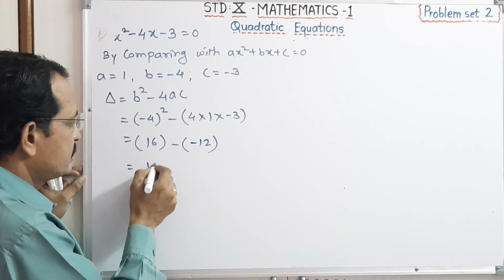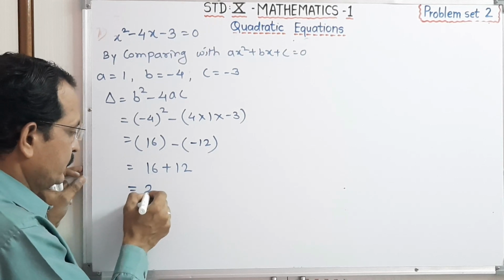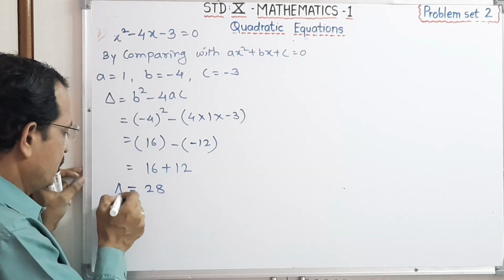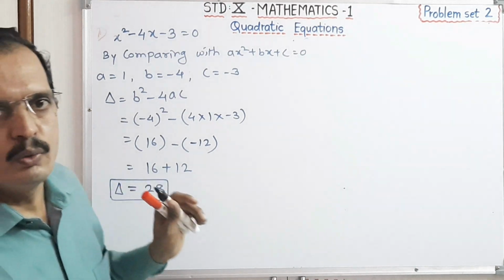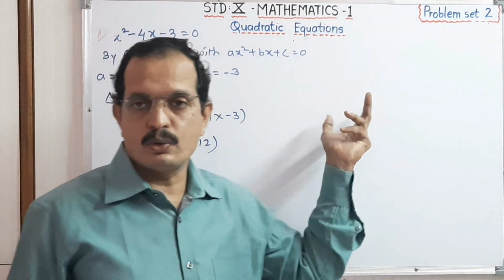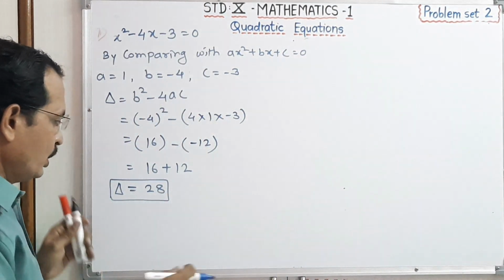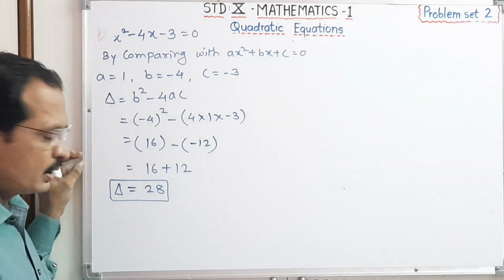Here it is 16 plus 12, it is 28 delta. Now delta is greater than 0, therefore it has real and unequal roots. Therefore we have to solve further.